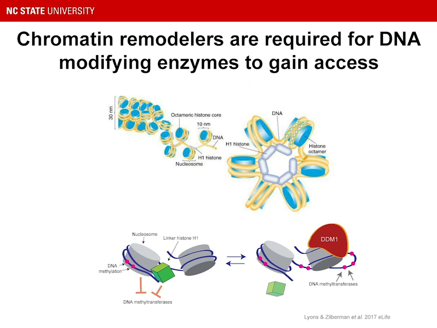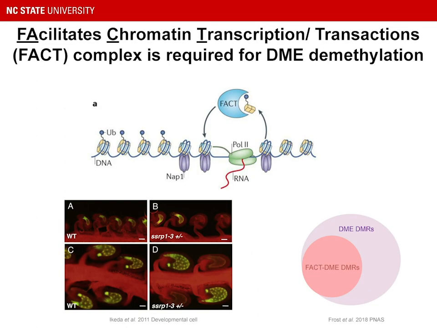So it's been known for a long time that H1 and the nucleosome are a barrier for transcription factors or DNA modifying enzymes. In the case of DNA methylation, for the methyltransferase, you need another chromatin remodeling complex to temporarily disrupt this compacted nucleosome structure in order for the enzyme to get access. We think that this might be what happened to the C-terminal enzyme.